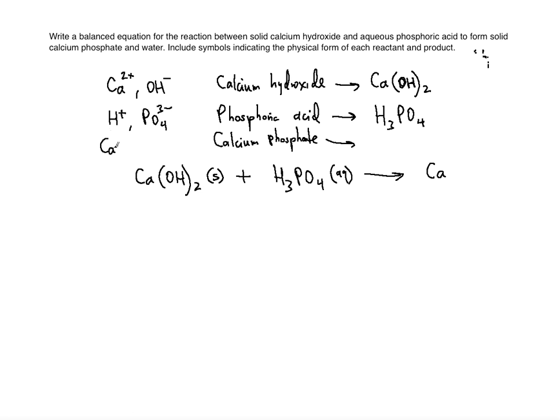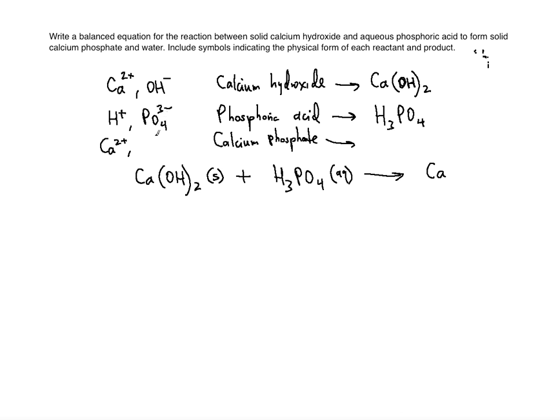Calcium has how many charges? We discovered that PO4 is 3 negative, and calcium has a positive charge of 2.